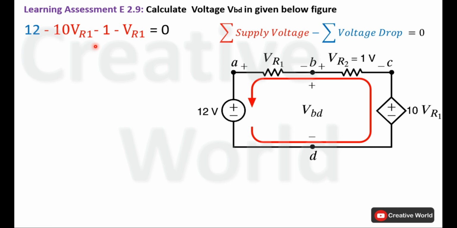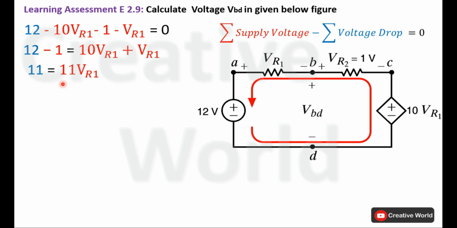In this equation, only one variable exists, that is VR1. We can calculate the value of VR1 by separating the variable from constants. These two terms, minus 10 VR1 and minus VR1, are placed on the other side of the equal sign and they become positive. 10 VR1 plus VR1 will become 11 VR1 and 12 minus 1 will become 11.